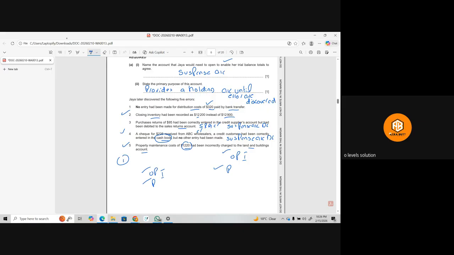We should have written this into the property maintenance account, but we charged it to the land and building. So we should credit the land and building because we overstated that, with the 1220. And since we did not debit the property maintenance cost account, we will debit this. So property maintenance will be debited and the building and land account will be credited.